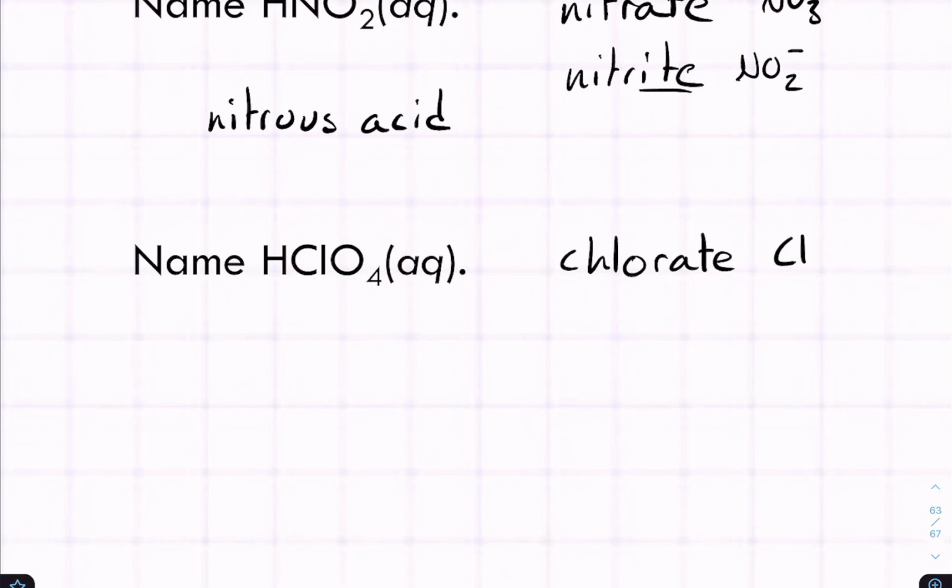And yeah, that's ClO3 minus. Cool. So we have 3 oxygens in chlorate, so this is, yep, per adds an oxygen, so this is perchlorate.